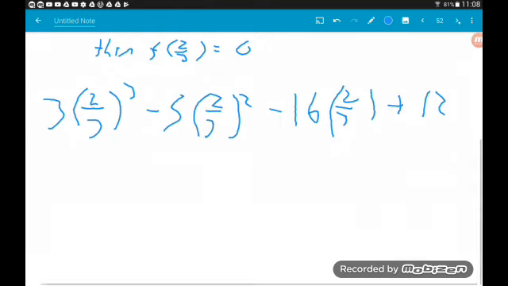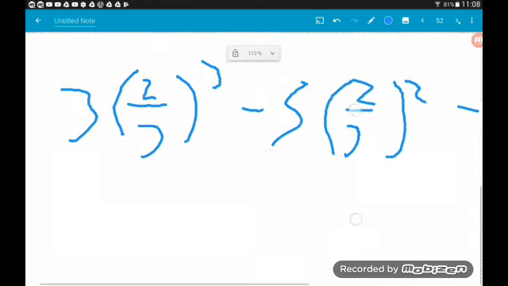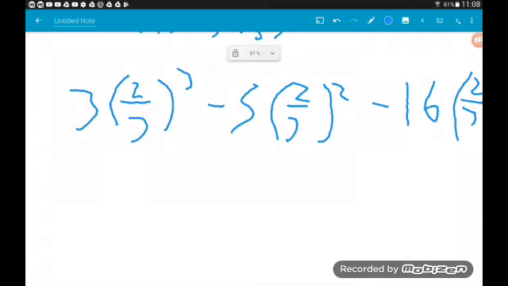Cracking. Okay, so just go nice and steady. So 2/3 cubed is 2 cubed over 3 cubed. So here we've got 3 times 8 over 27.